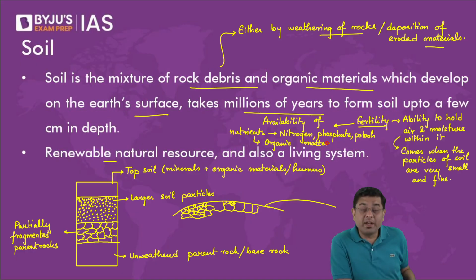And when the rocks don't have many nitrates, the final product, that is the soil particles, will also be poor in nitrogen. That is why one of the most prevalent fertilizers used to augment soil fertility is urea, for nitrogen fertility augmentation. So that is why urea is so significantly used.